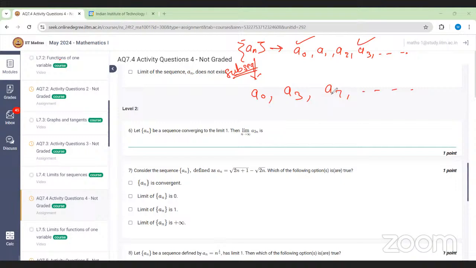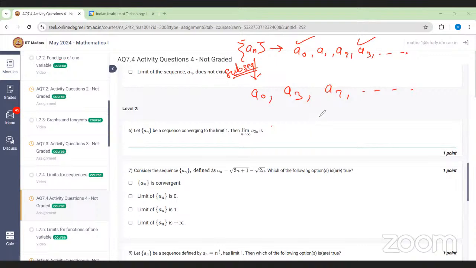But one constraint is that you cannot repeat a term, and you cannot take a term which is earlier than the previous one. That means if I take A3, I can select all the terms in front of A3, like A4, A5, A6, but I cannot select A2 here, right? So this type of extraction is known as a subsequence. A subsequence is nothing but listing out some elements from our sequence. It could be any elements.